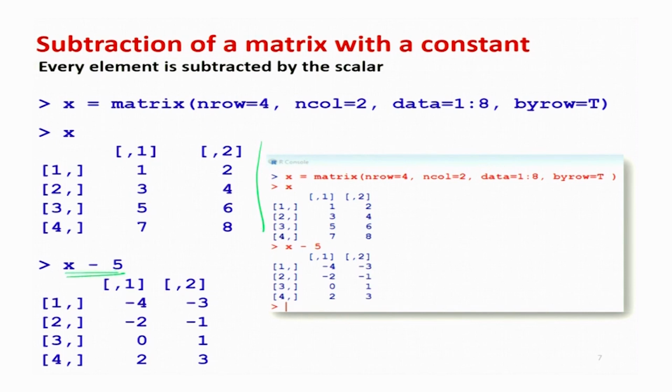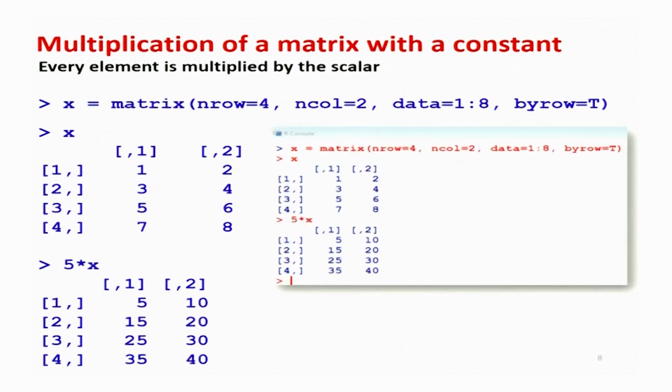So, what will happen here? Every element will be subtracted by 5 like this, right, and you can see this is the outcome. So, this is how R works when scalars are added and subtracted in a matrix. And similarly, if you try to multiply, then it happens similar to when you add and subtract a scalar in a matrix.